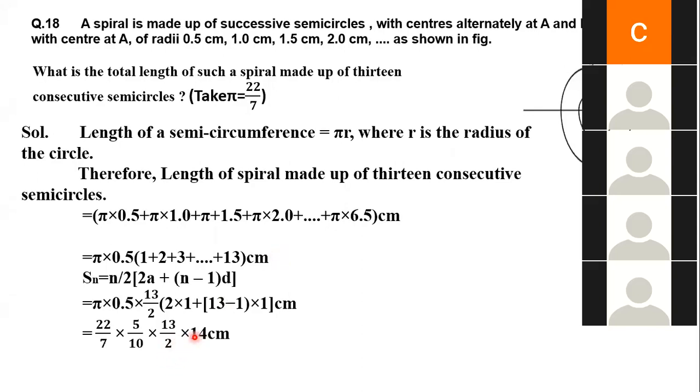Now 2 and 7 cancel: this 7 and that 7 get cancelled. Then 5 ones are 5, 2 and 22 cancel to 11. 11 thirteens are 143. Any doubt, children? The sum of the total length of the spiral made by 13 consecutive semicircles is 143 centimeter.